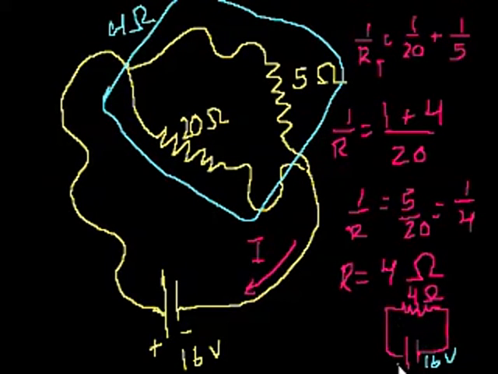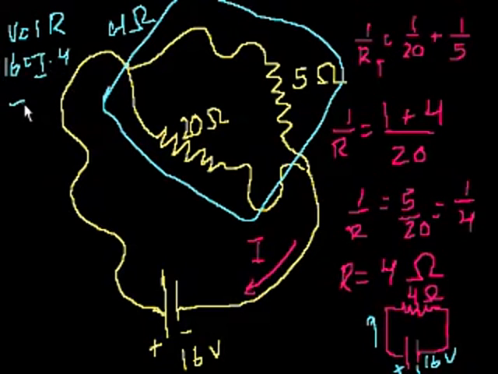If we have a 16 volt potential difference, current is flowing that way, even though that's not what the electrons are doing. And our resistance is 4 ohms. What is the current? V equals IR, Ohm's law. The voltage is 16 volts. It equals the current times 4 ohms. So current is equal to 16 divided by 4, which is 4 amps.